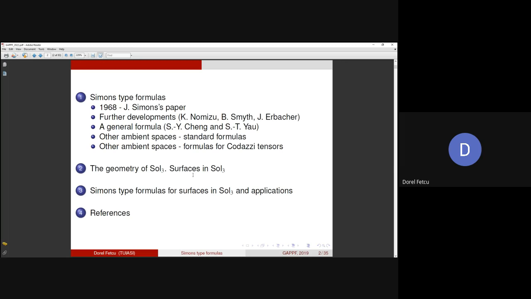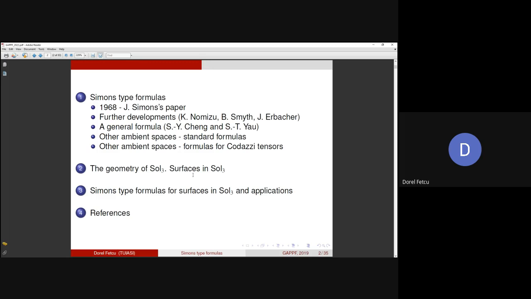I will begin with the first paper by James Simons from 1968, and then I'll just point out some of the first and most important results obtained by using the kind of formulas that interest this talk.